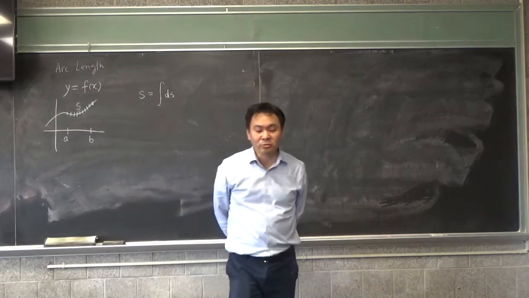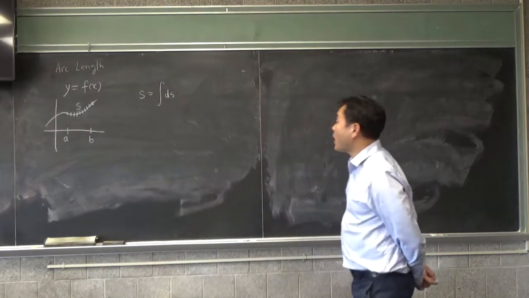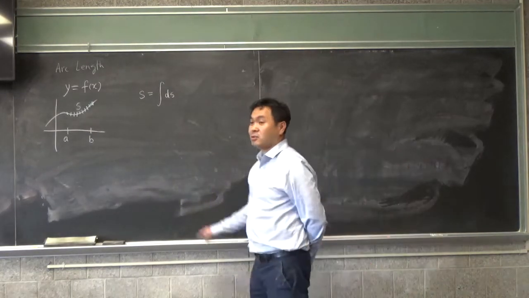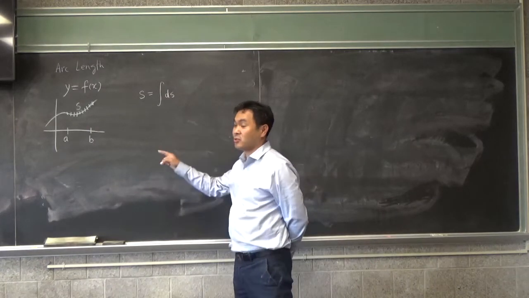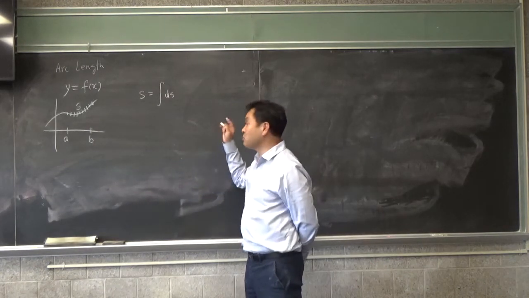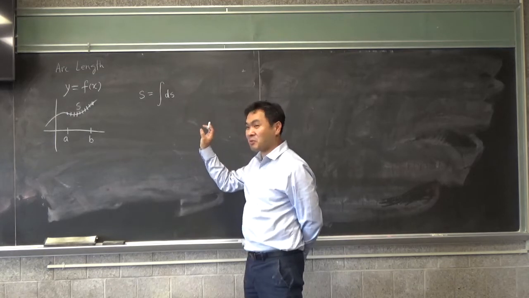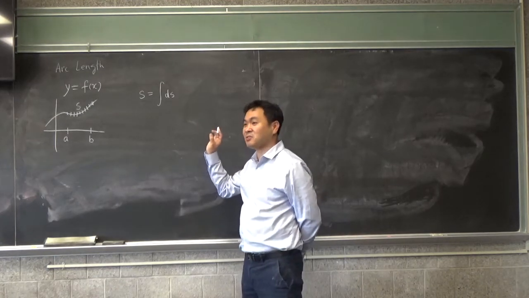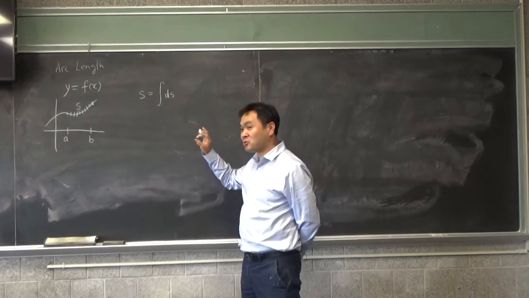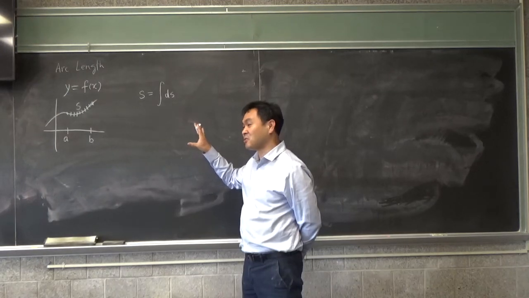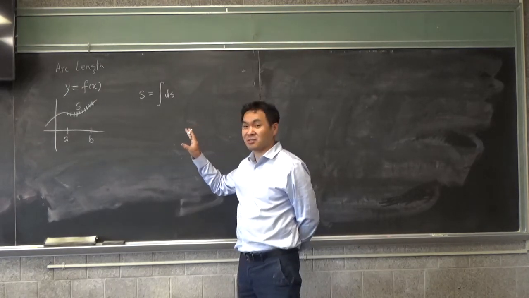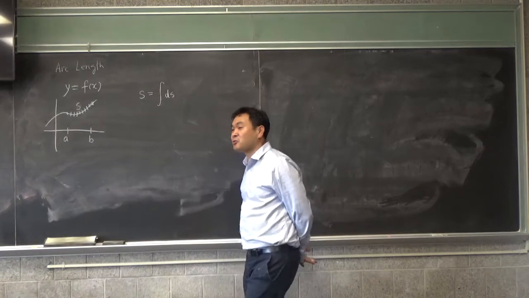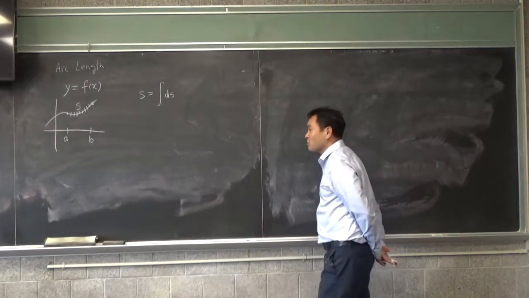Now, what we're going to assume is that the graph of this function is somewhat smooth. And being smooth means that if you chop it into very, very tiny pieces and you zoom in, you'll start seeing straight lines. That's not true for some really weird functions.